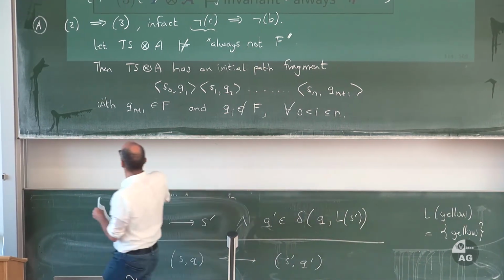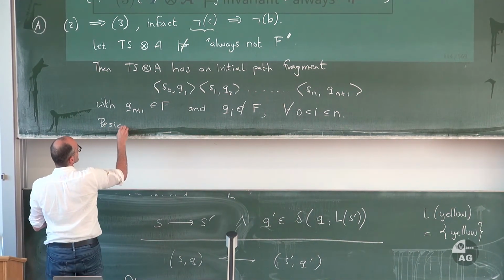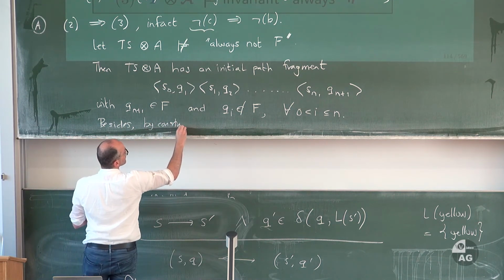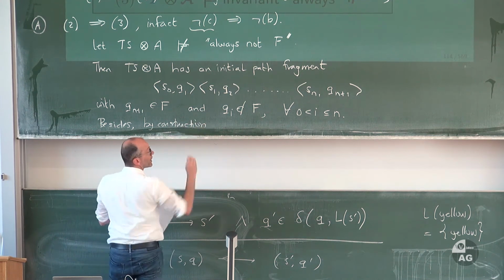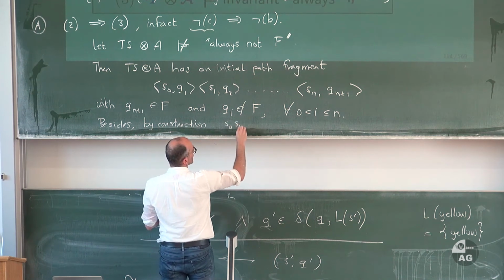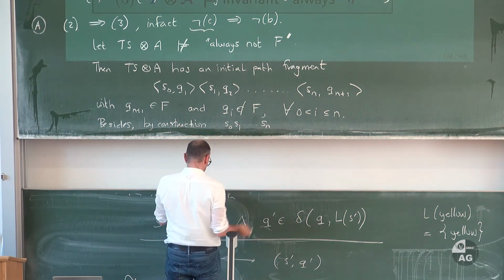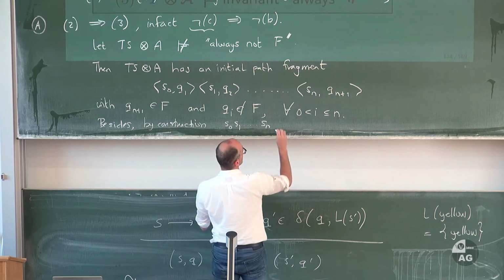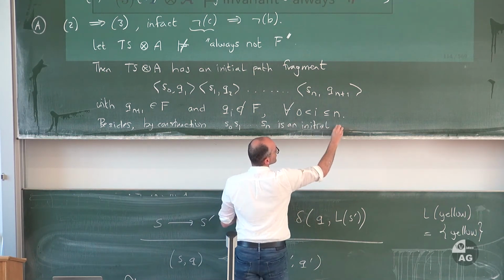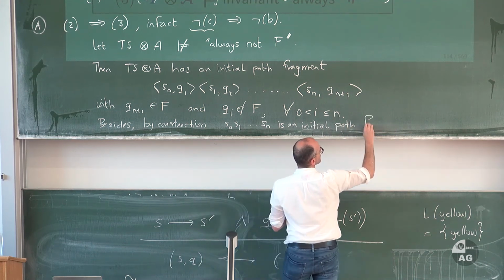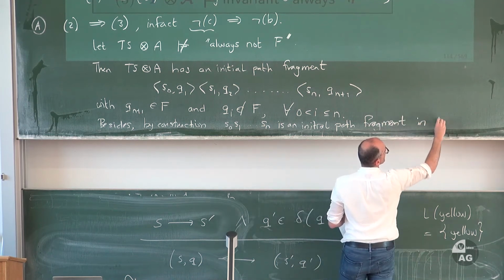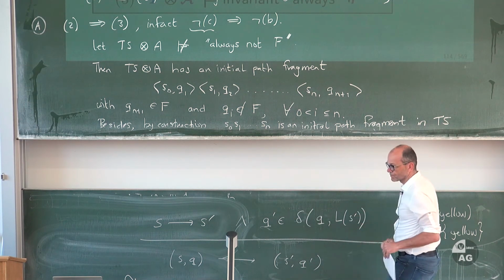Besides, we know the following. By construction, or by definition of this product, we have that S0, S1, Sn is an initial path fragment in TS.